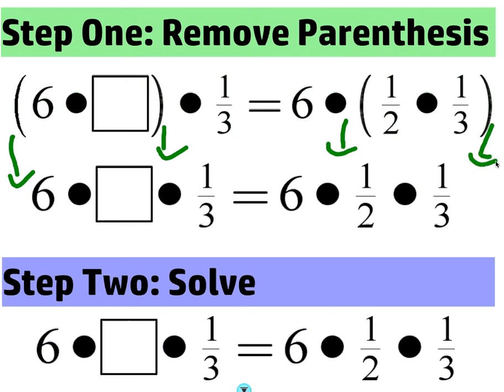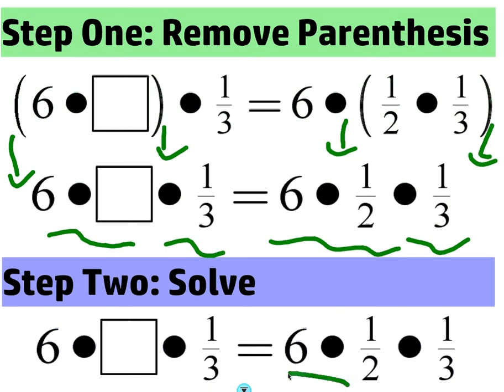And so we have 6 times what number times 1/3 equals 6 times 1/2 times 1/3. By now, many of you can probably already see the answer. In other words, 1/2 is going to be your answer. And again, whatever's on the left has to be the same as what's on the right.